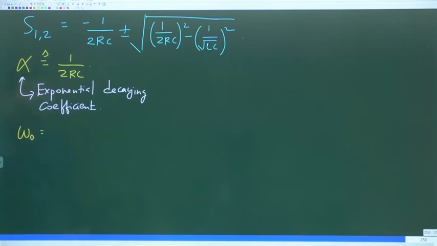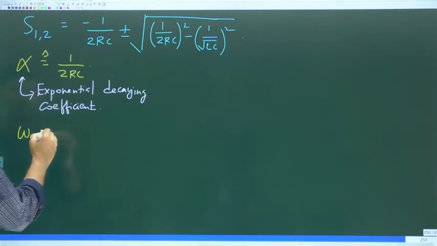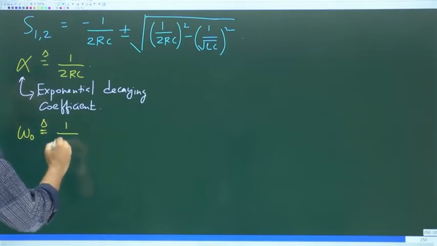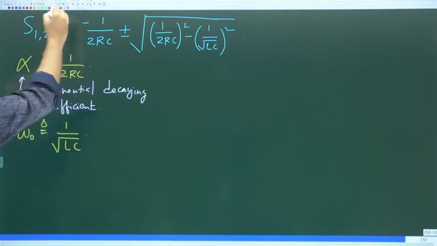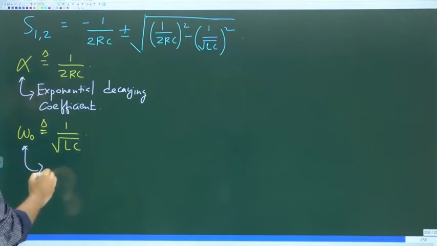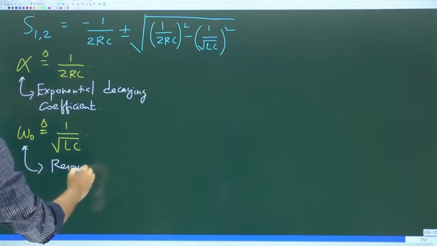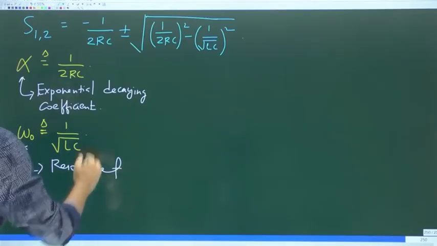The other term that we are going to define is omega naught. This omega naught is the resonance frequency, and it is 1 by square root LC.